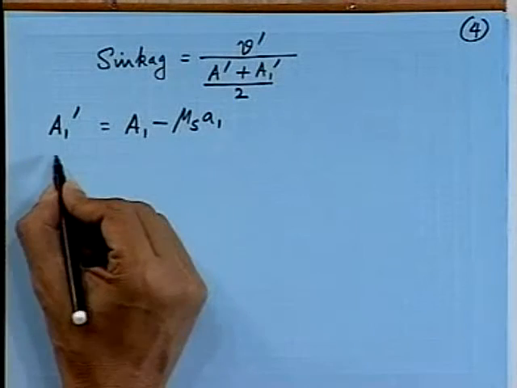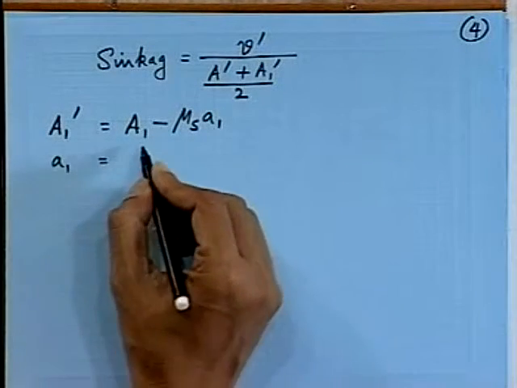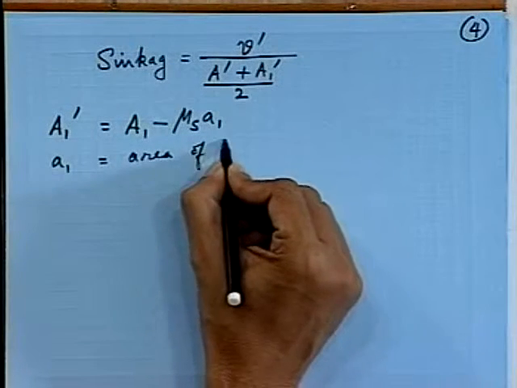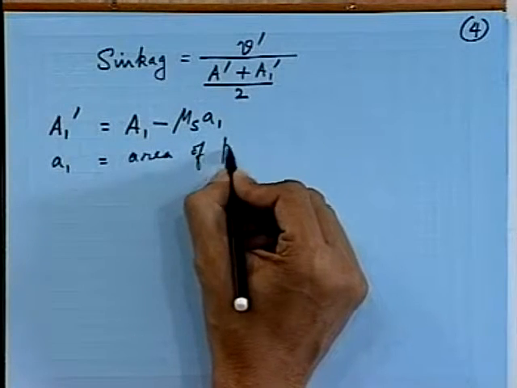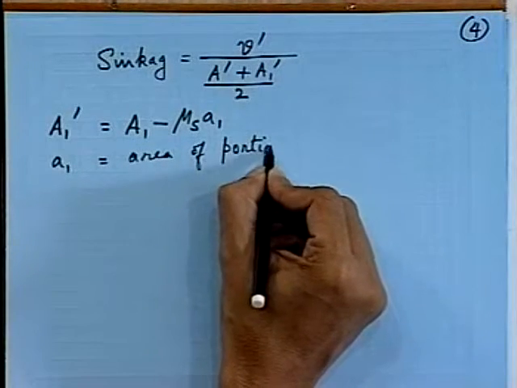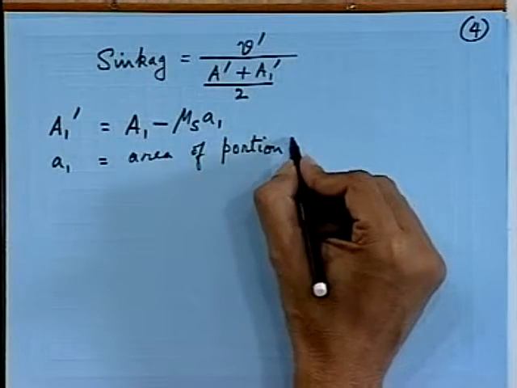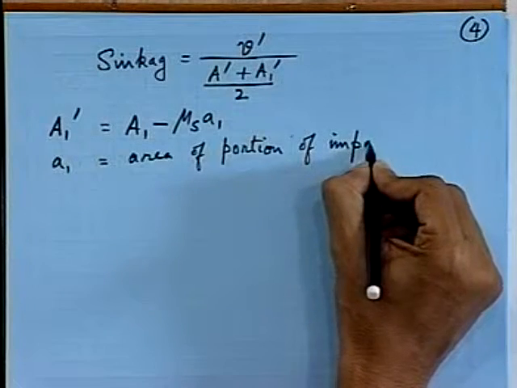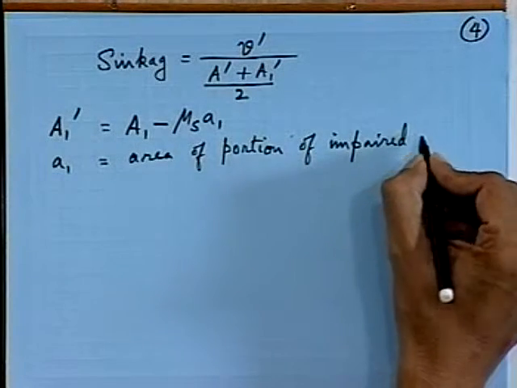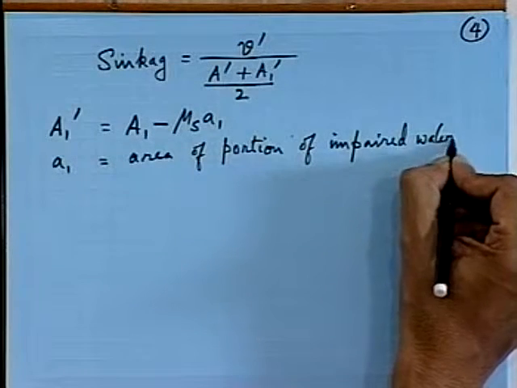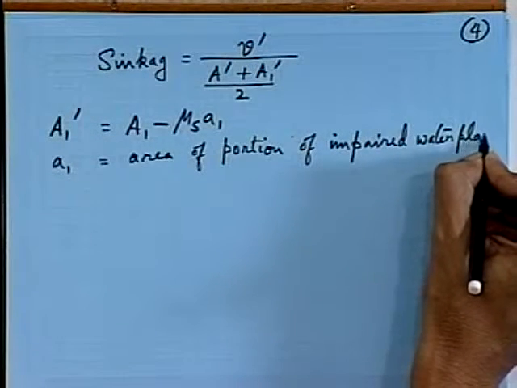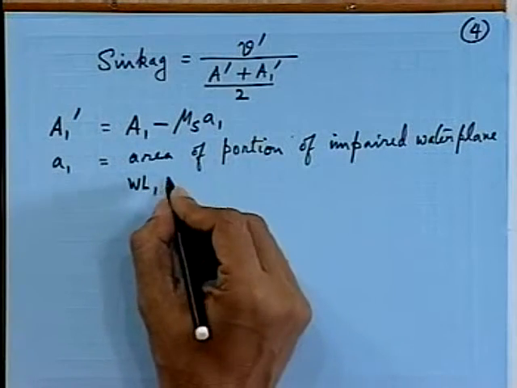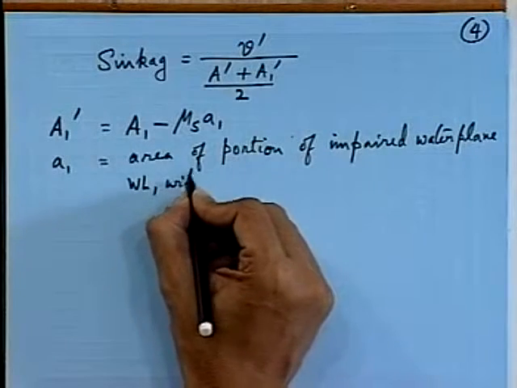And this A1 similarly is the impaired water plane area, again WL1 within the damaged compartment.